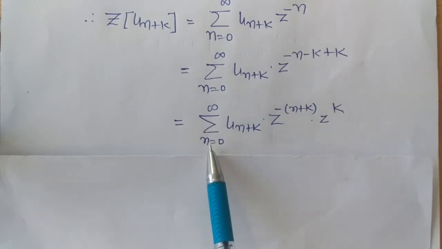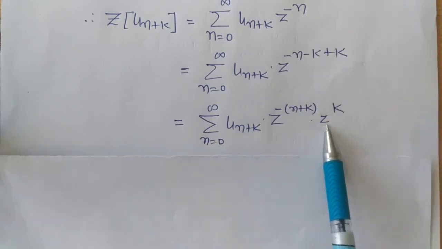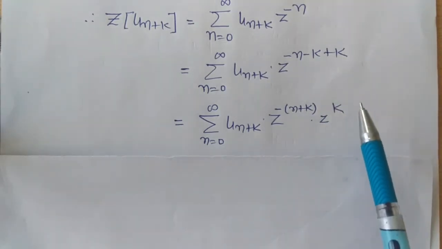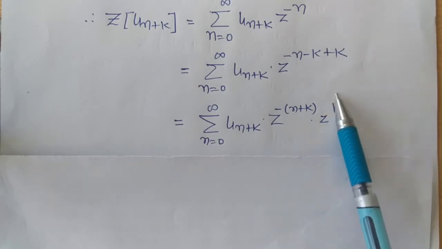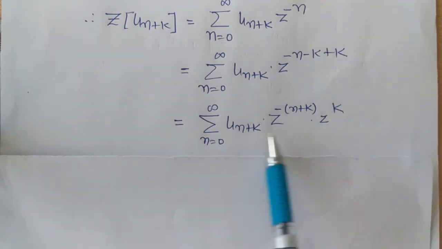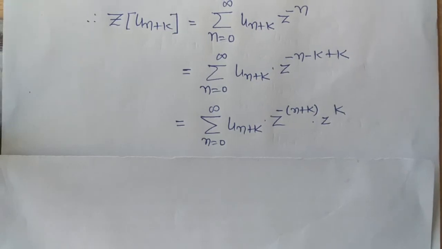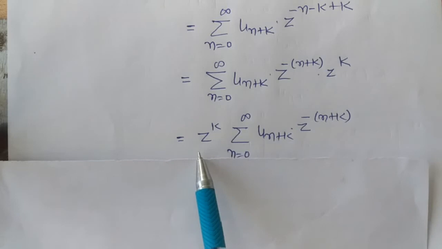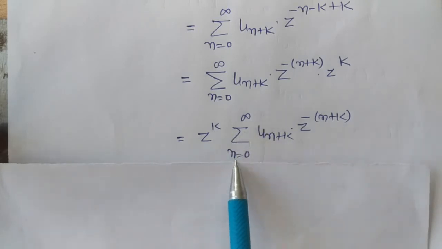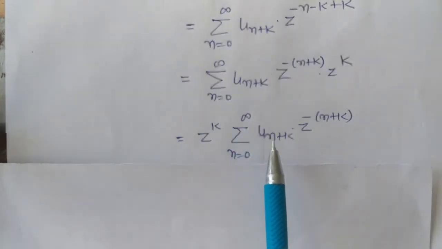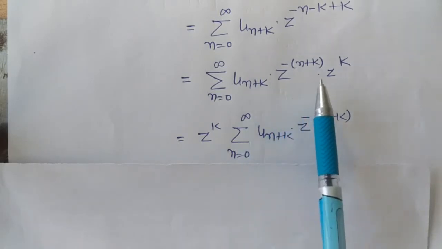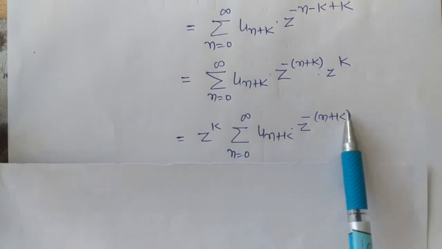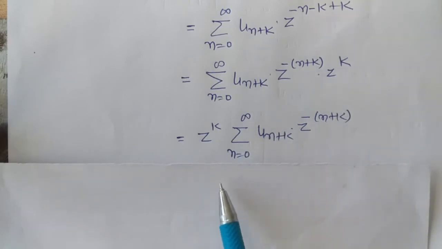Again the summation is varying on n, so z^k we can write outside the summation sign. We take common z^k from this summation, then we get z^k into summation n goes from 0 to infinite u(n+k) z^(-(n+k)). So the indices of u and z are same.